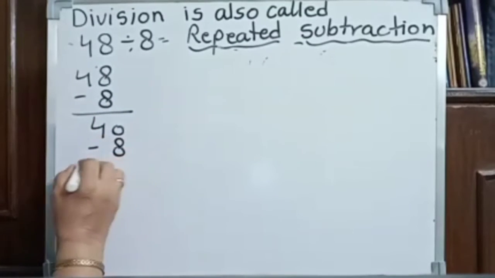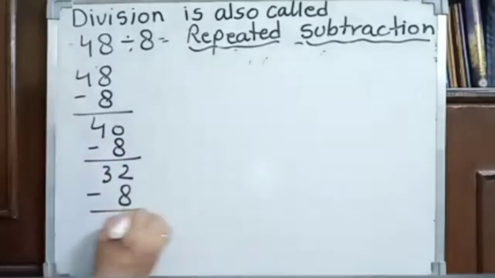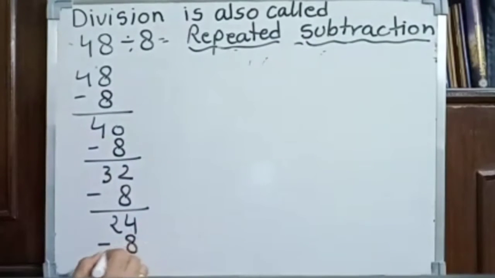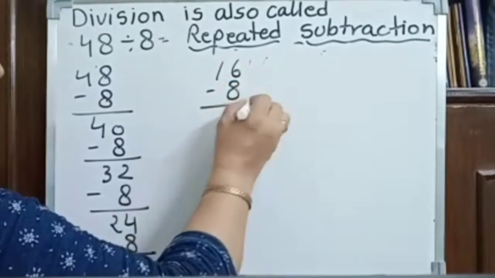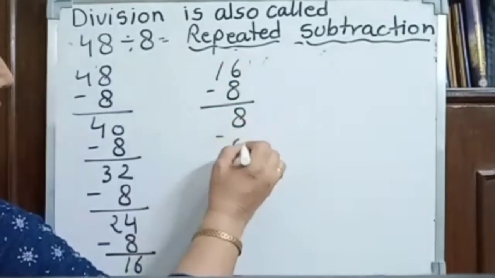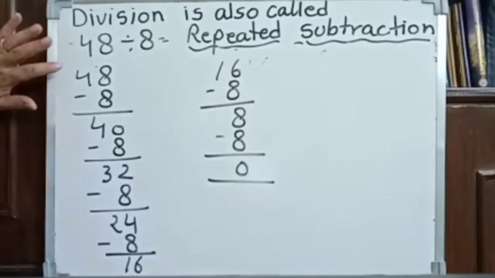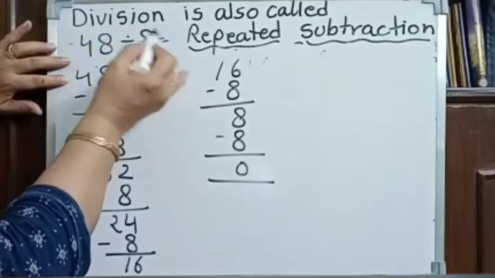Again 8, 32. Again 8, 24. Again 8. What will be here? 16. Again 8, 8. Again 8. So till we get 0, we have to subtract the same number again and again.